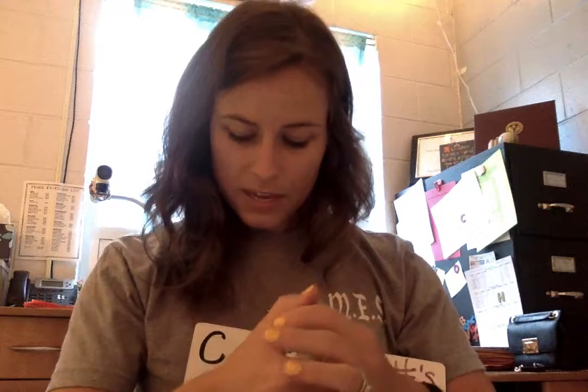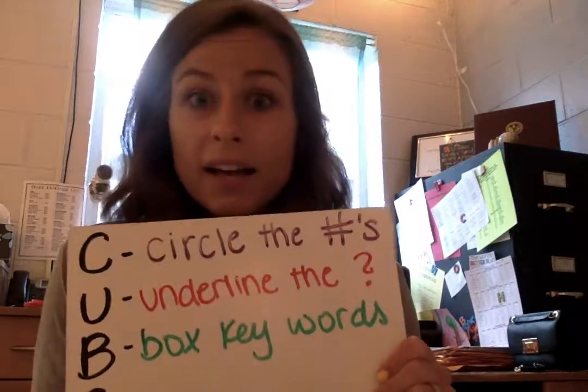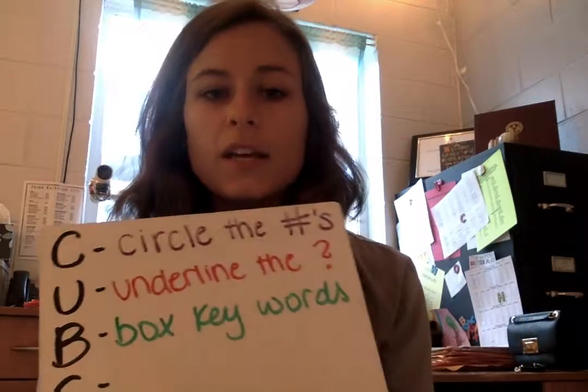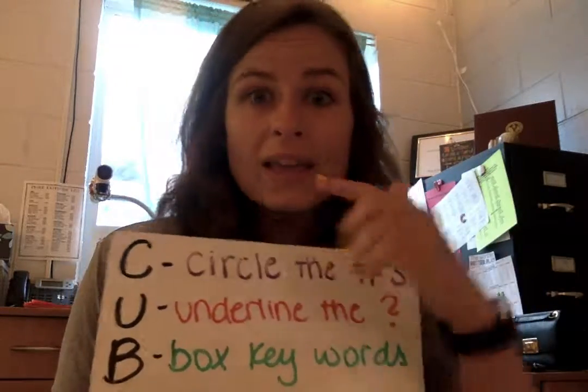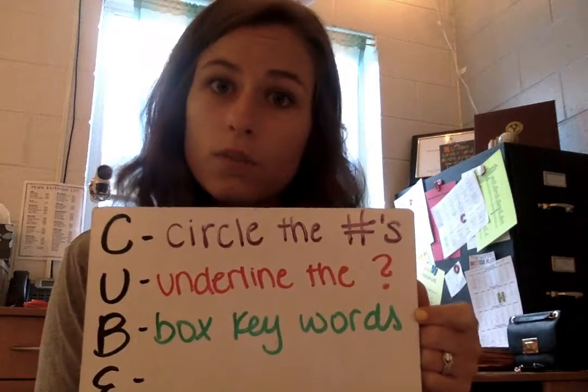The B stands for box keywords. This is where that list I just gave you is going to come in handy. So if you see "how many more," you better be putting a box around it. If you see "combined," you better be putting a box around it. If you see "she gave away," put a box around it. These are your keywords that tell you how to solve the problem.